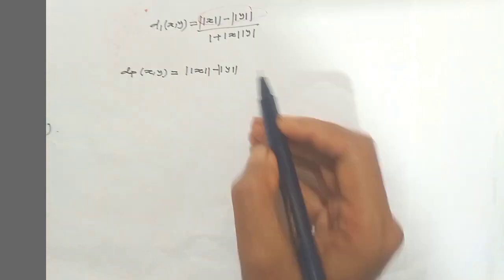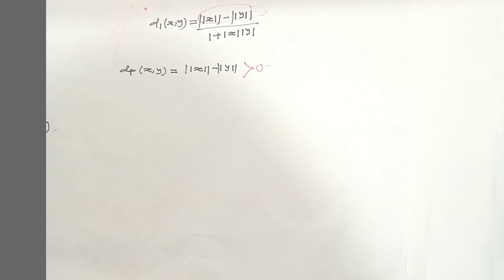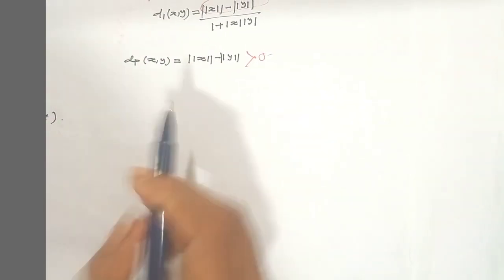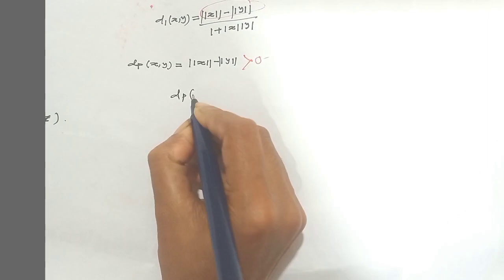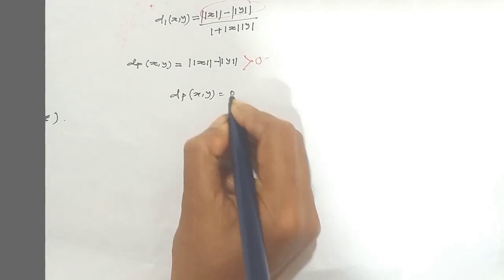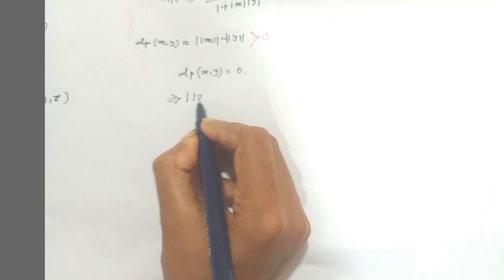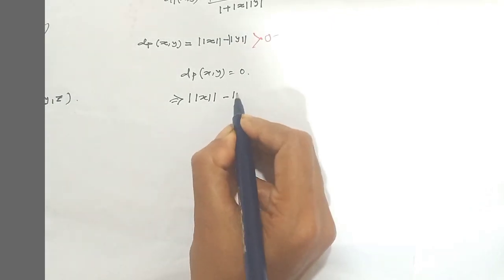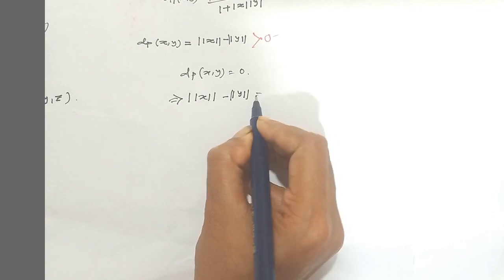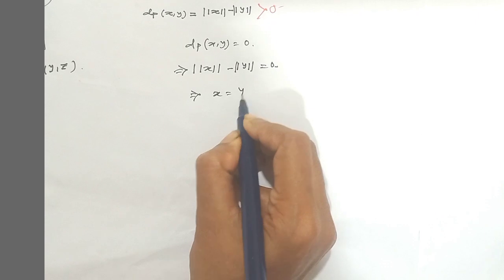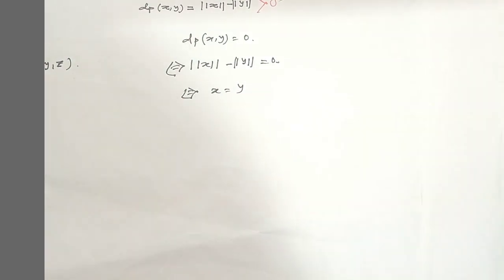Obviously, dp(x,y) is always greater than or equal to 0, and when dp(x,y) equals 0, that means |x| minus |y| equals 0, and this implies x equals y, and this is an if and only if condition.